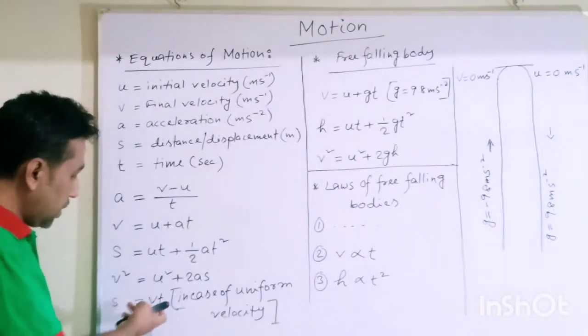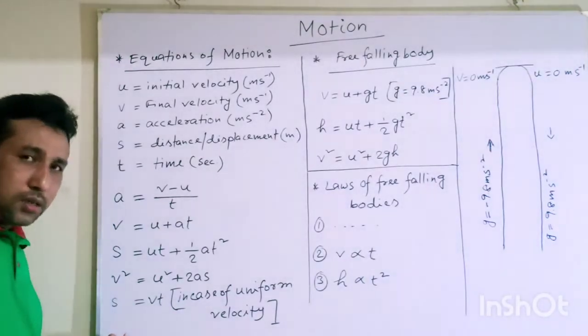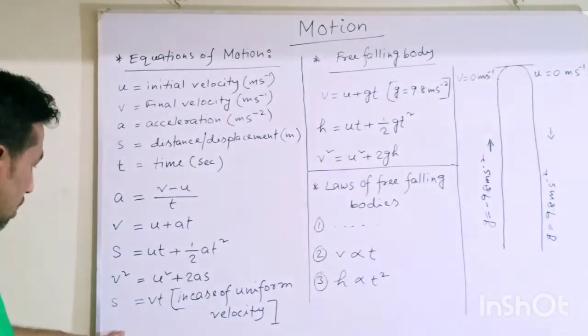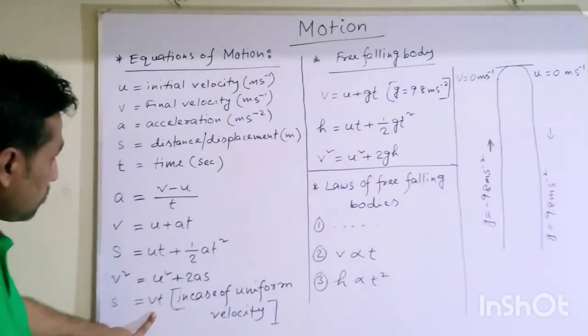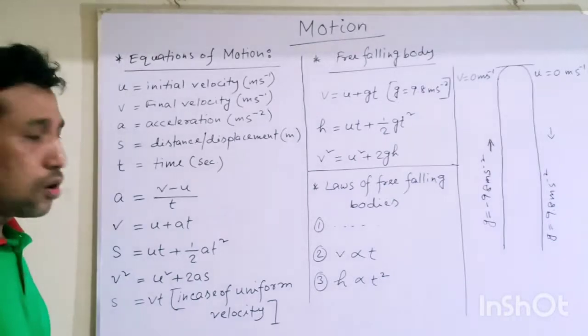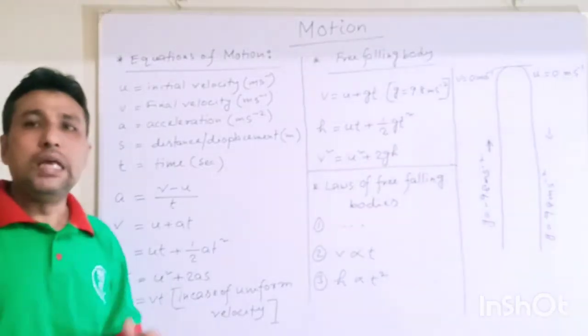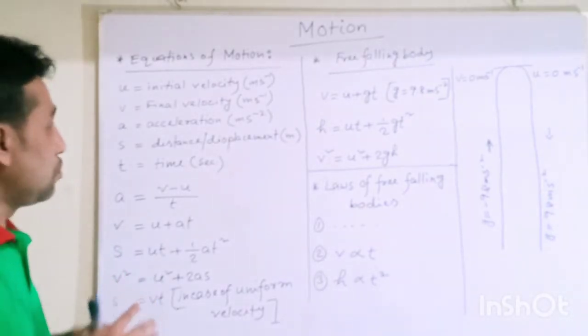So easily you can find S equal to vt. You can find the displacement of an object using this formula. These are the equations of motion in the case of linear motion, I mean horizontal motion.